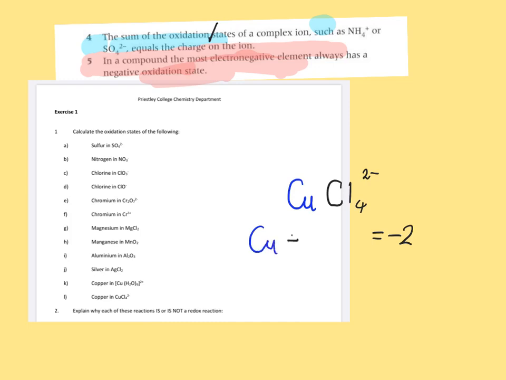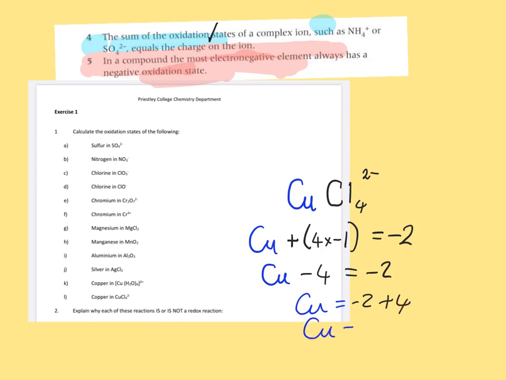Chlorine, when it's combined with a metal, is always -1, so that's 4 lots of -1. Therefore copper - 4 has an overall charge of -2. If we add 4 to both sides, -2 + 4, copper has an oxidation state of +2 again.